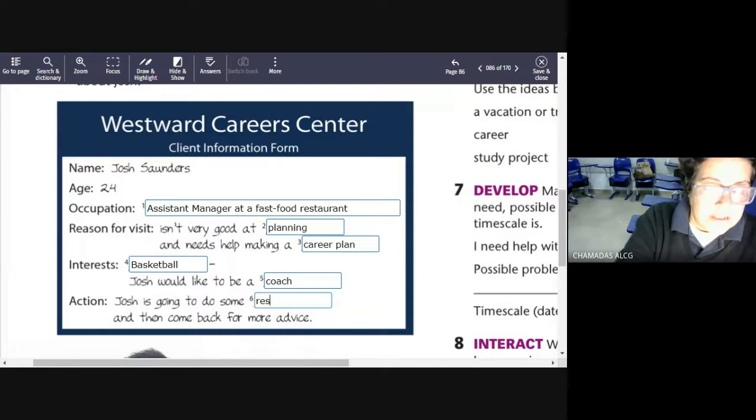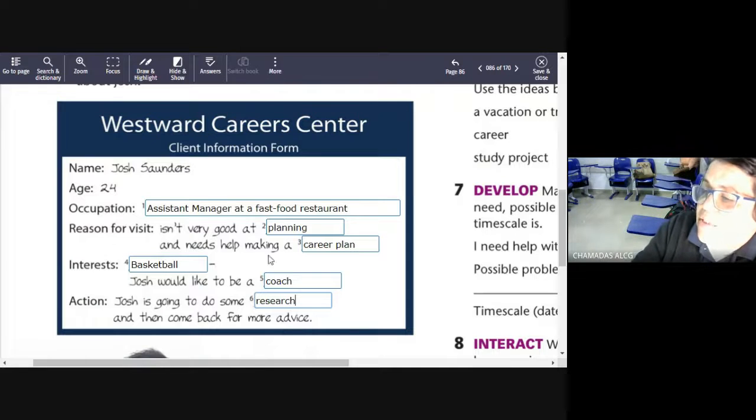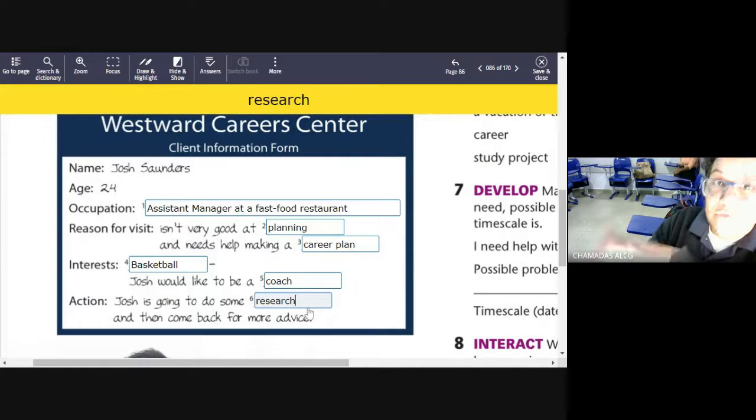Very good. So he's going to do some research to see what he can do in this area or some other opportunities that he might find interesting. We don't know, right? So he has to do some research for now.